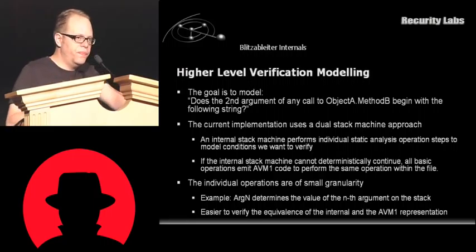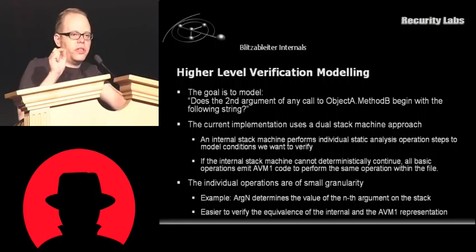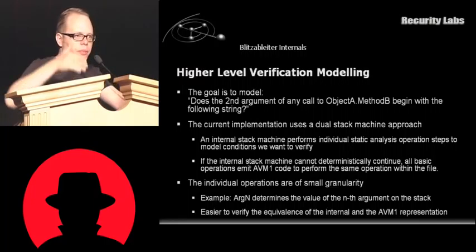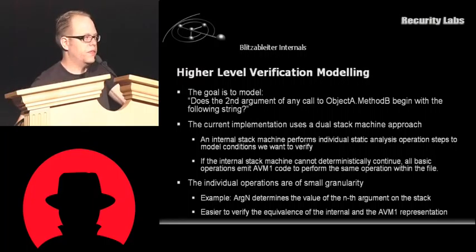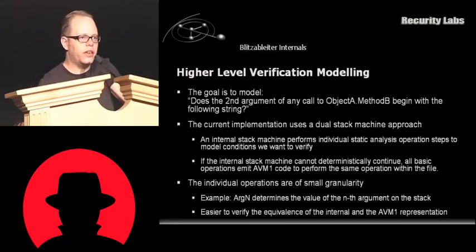There's actually two. It gets executed, and it has instructions of very small granularity, like get the third argument, or argument number n of this instruction, and it will try using static analysis to get to that point to figure out that argument.